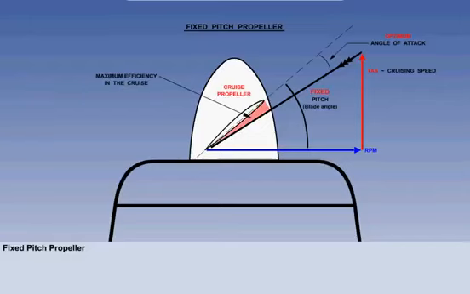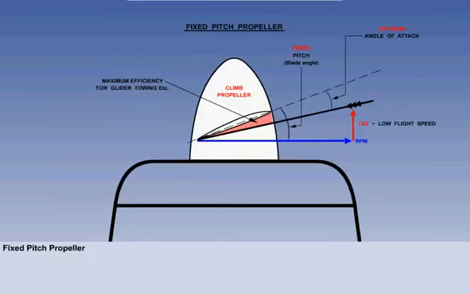You could think of it as the propeller being able to accelerate just the right amount of air rearwards for the engine power output. If we look again at the fixed-pitch climb propeller, you can see that it has maximum efficiency at low flight speed. We'll now take a look at the forces of thrust and torque and how they act on the aircraft.